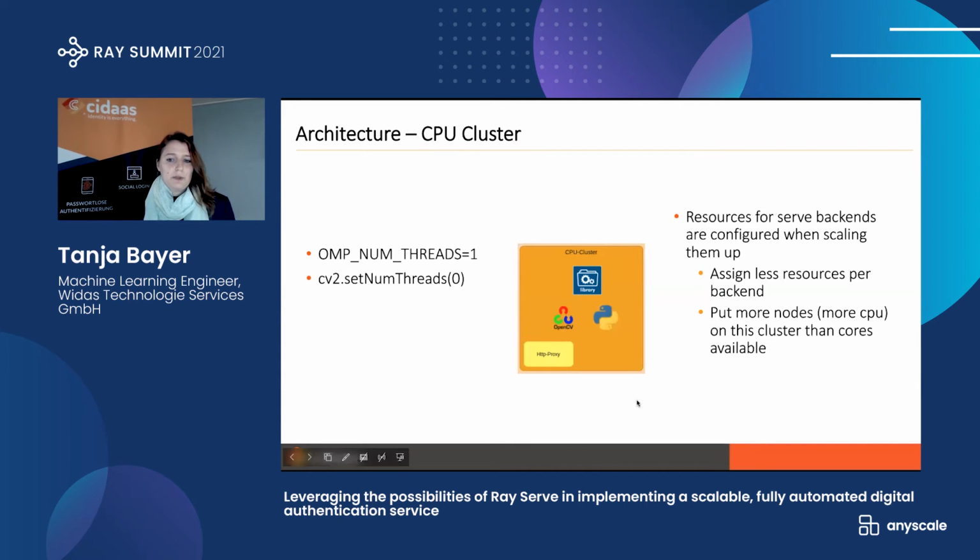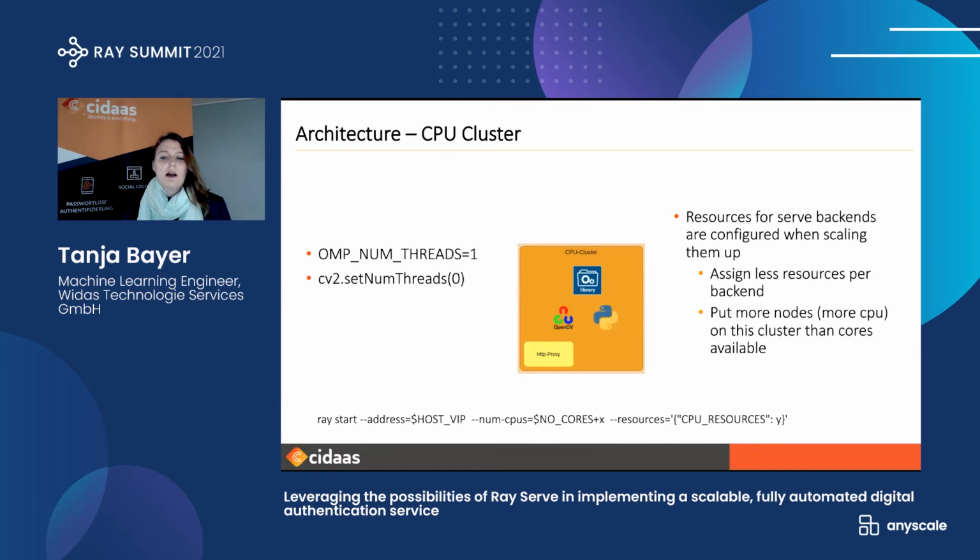We decided to go with the latter approach because that enables us to always know how many resources are actually required by a backend, and that's better for scaling up further backends when required. So when starting our Ray cluster, we just passed in the num CPU variable, and we added the original number, of course, and added some more to overcome the issue with the too many resources.